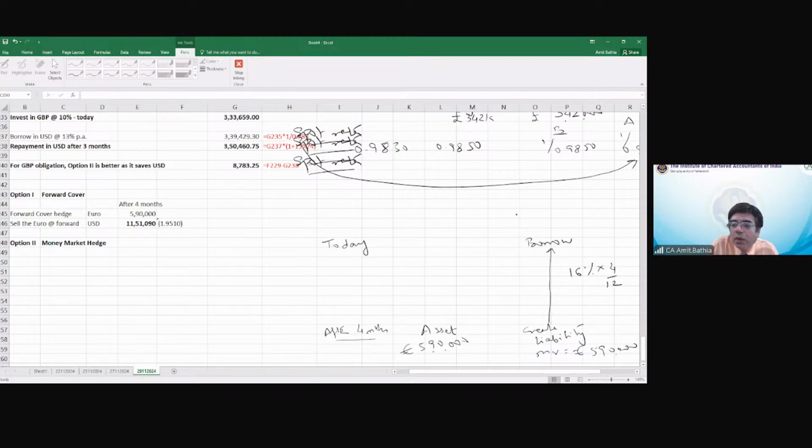So here, how much do I need to borrow? I will borrow 590,000 euro divided by 1 plus 16% divided by 3. 4 by 12 is 3. So 1 plus 16% divided by 3. How much is this amount coming to?